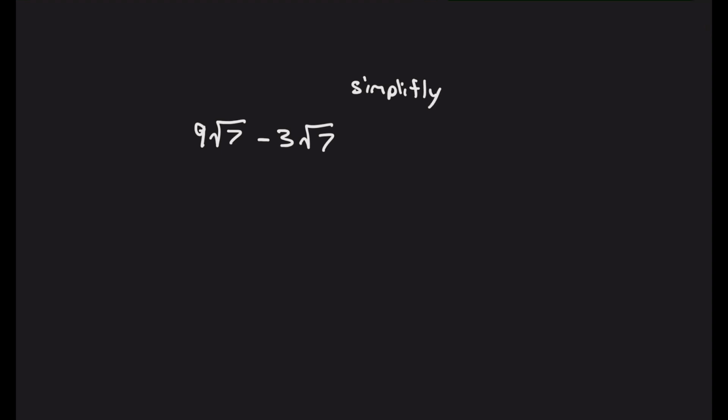This one is easy. It's just 9 minus 3, so it's 6 root 7. And if instead of 7 it were root 8, then you can't simplify it. That's all you can do.